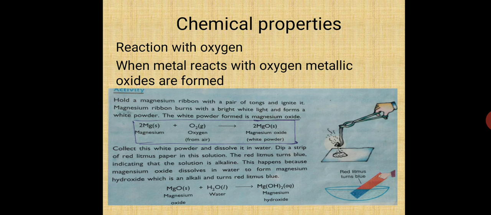After stirring it with a stirrer, we will check whether the solution is acidic or basic, and it can be checked with the help of litmus paper.